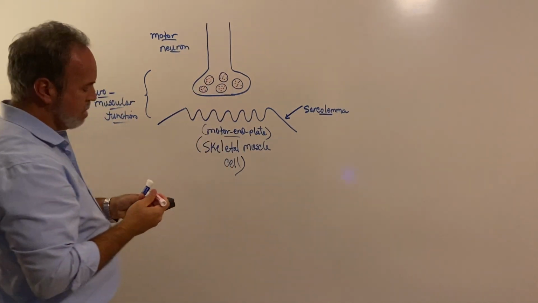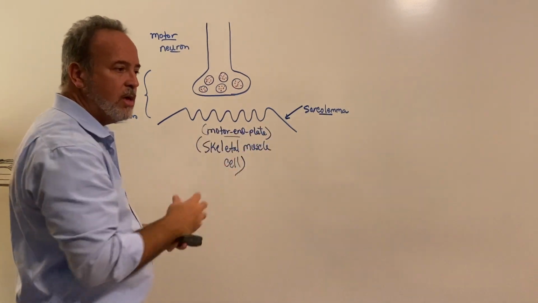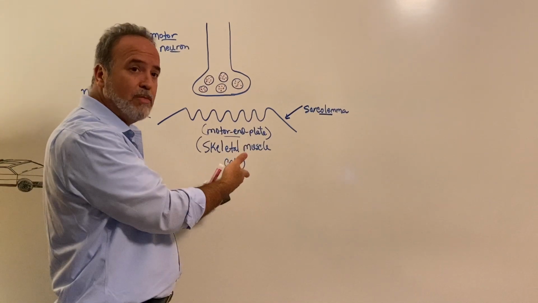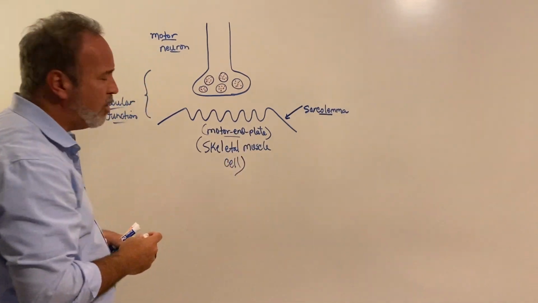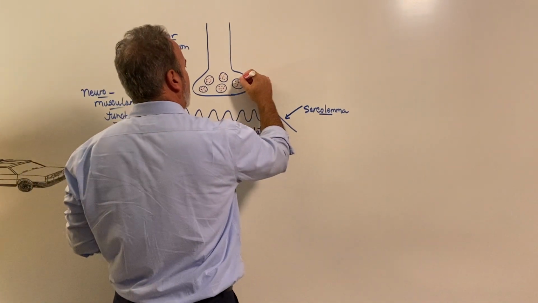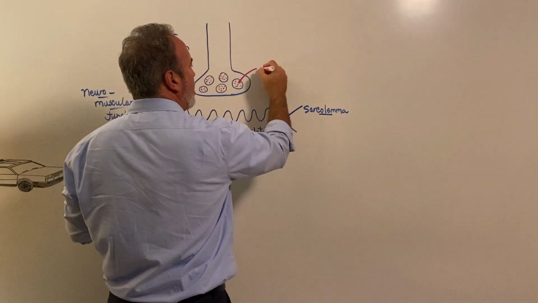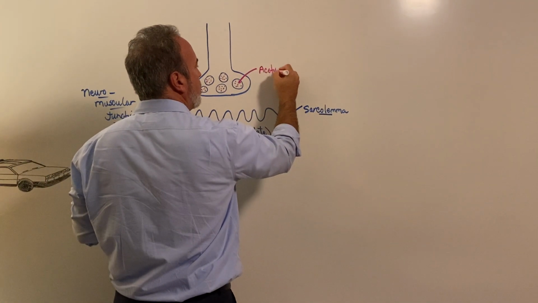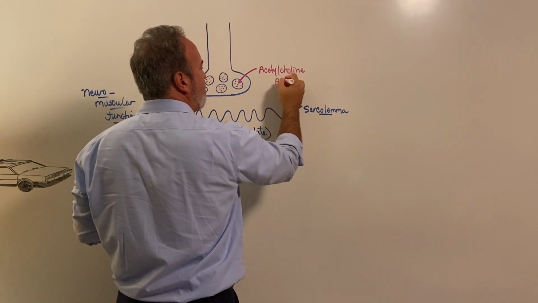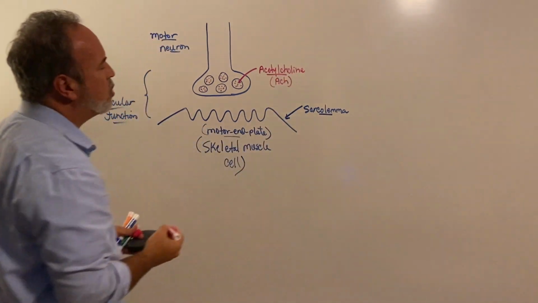We call these synaptic vesicles containing a neurotransmitter substance that we need to excite this muscle cell. We call that acetylcholine, or simply ACH. That's how you abbreviate acetylcholine.